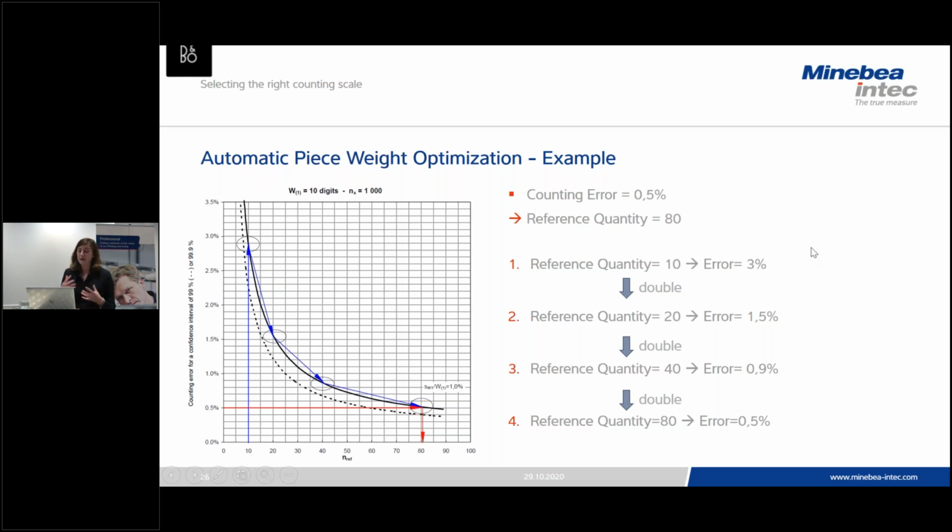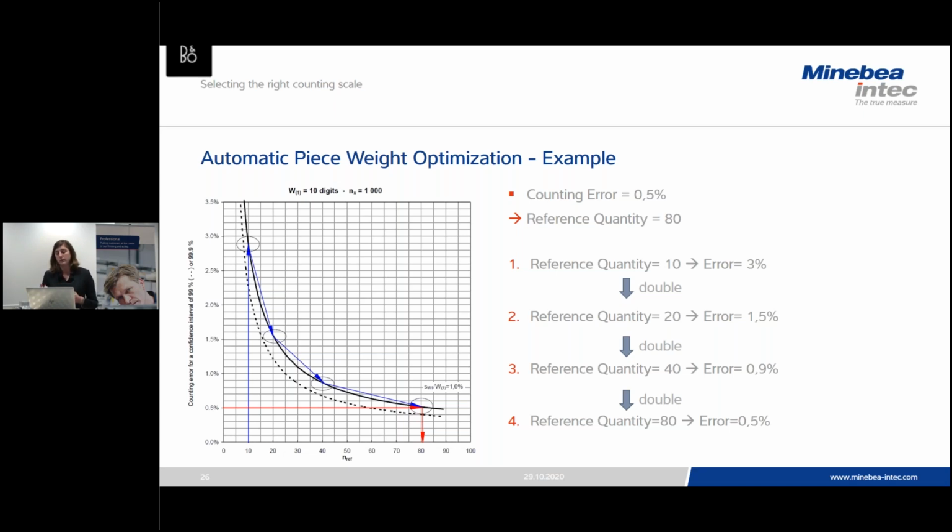So 80 is already a high number to count. In the first step, we take 10 pieces of reference quantity. There we have an error of a little bit lower than 3%, but 3% of 10 is 0.3 pieces. So we are still counting correctly. This is very important, that you are all the time counting correctly. So the scale counts correctly, not you.